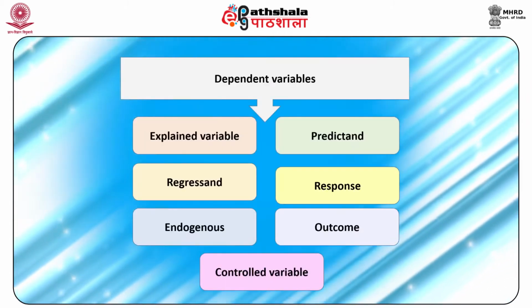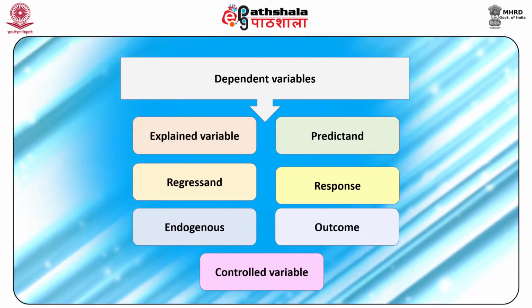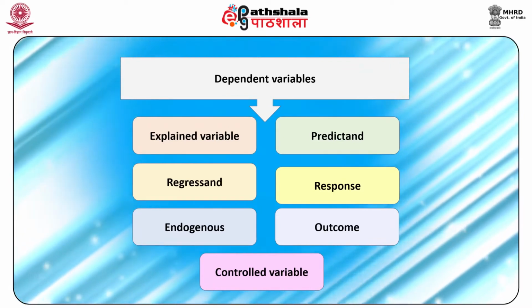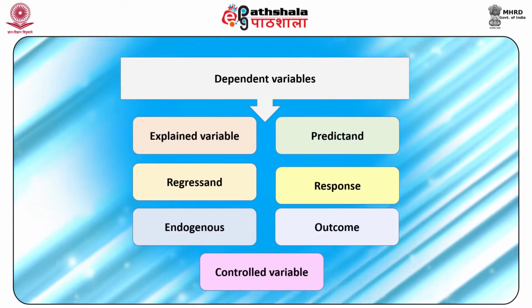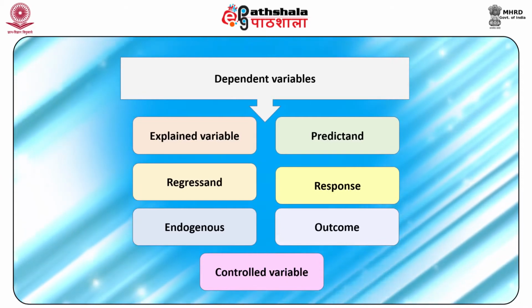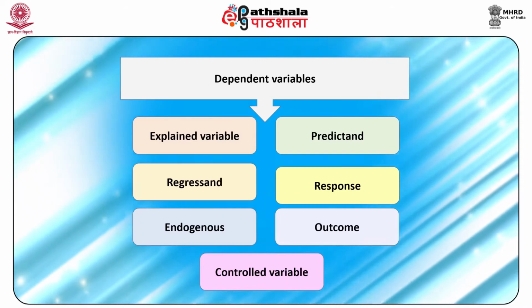The terminology which we mainly use is dependent variable. It is also known by other names such as explained variable, predictand, regressand, response, endogenous variable, outcome, or controlled variable in some experiments.